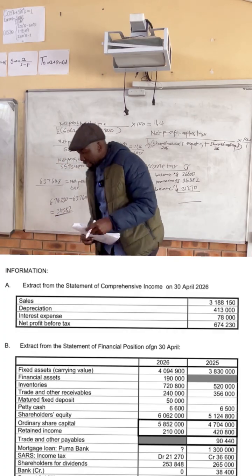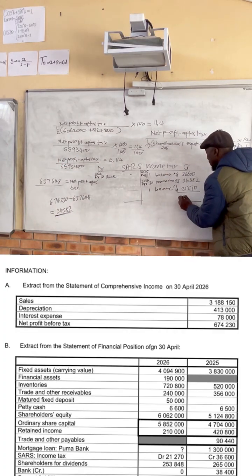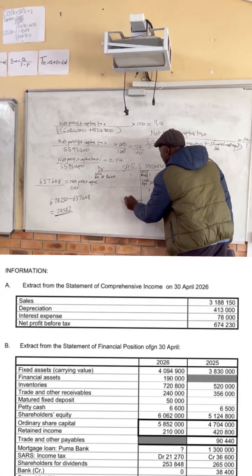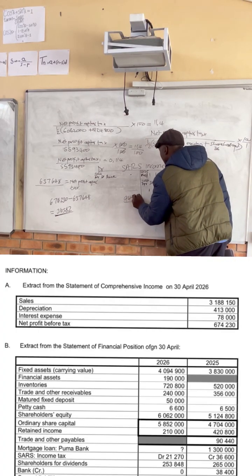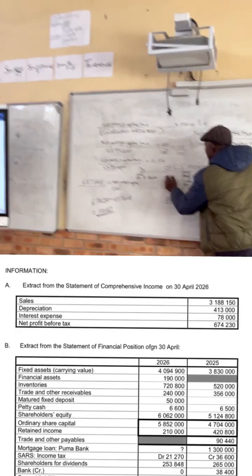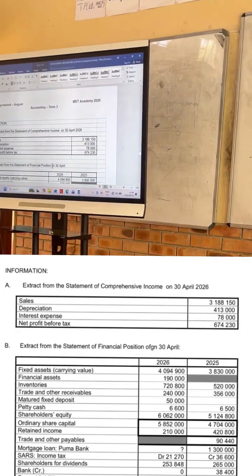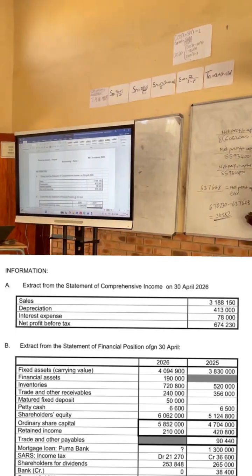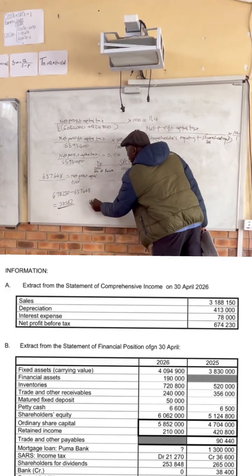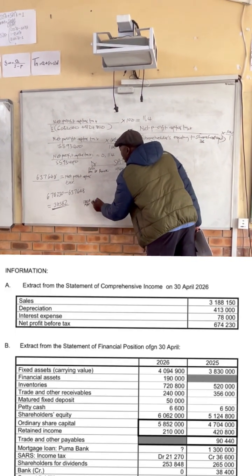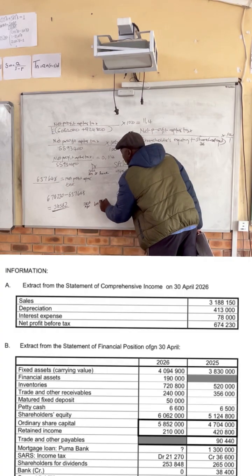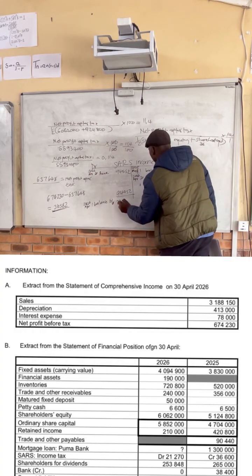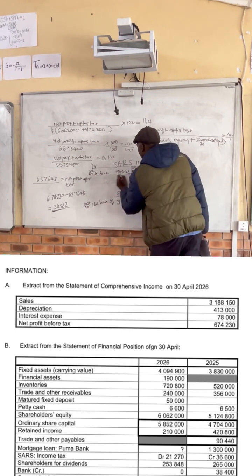944,452. Then your balance here to be 21,070. So we are looking for this.